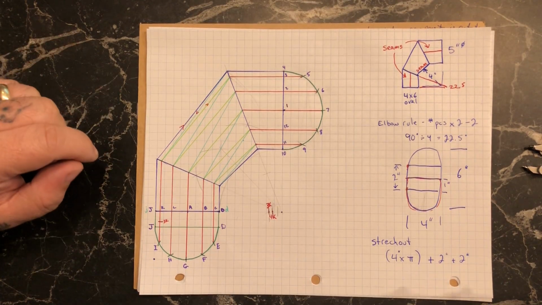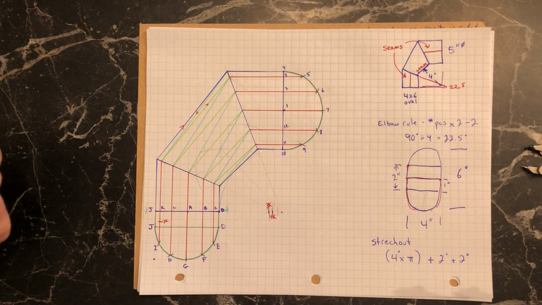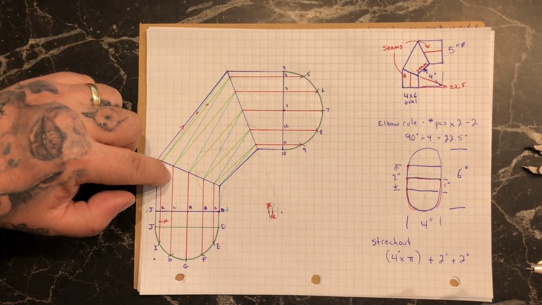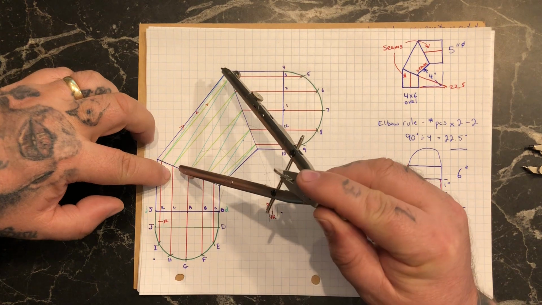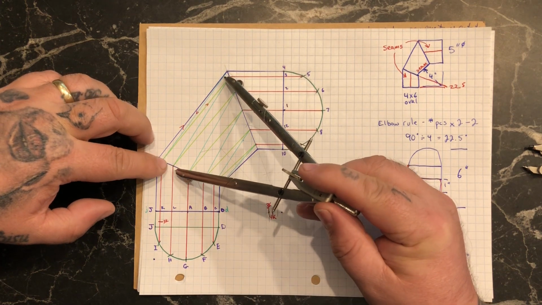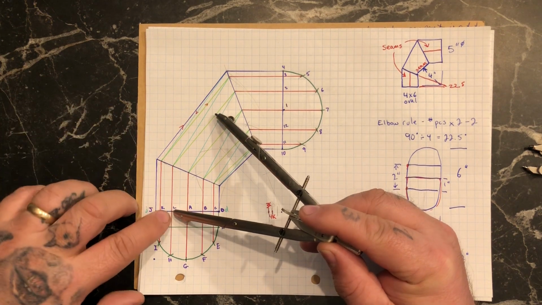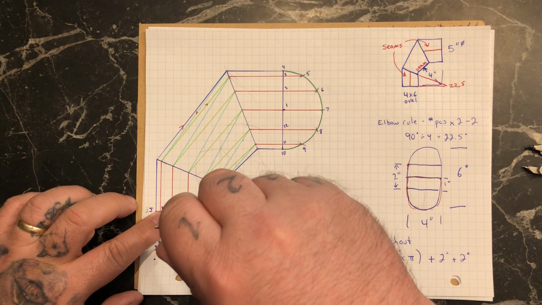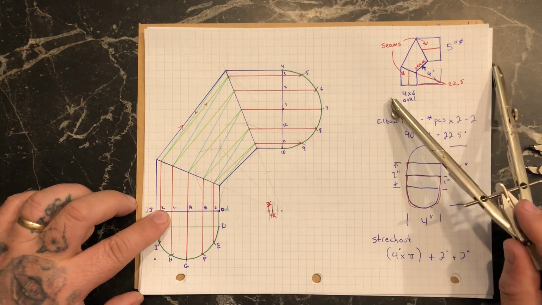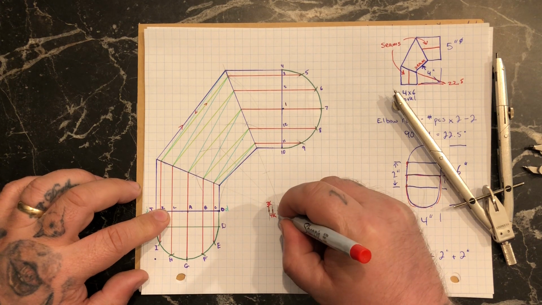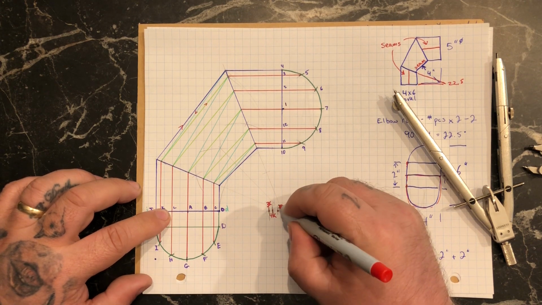So continuing on where we were, going from 3 down to L now. Taking that dimension, the 3L, I'm going to bring that down to the baseline here on the L line. Stick my needle in, mark it across 90 degrees from there. This one is going to be 3L.